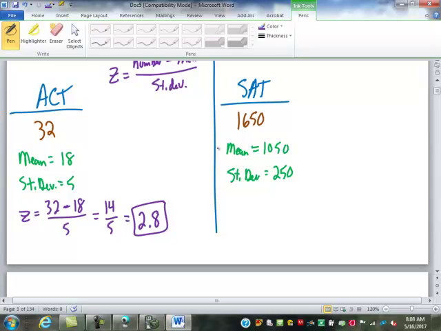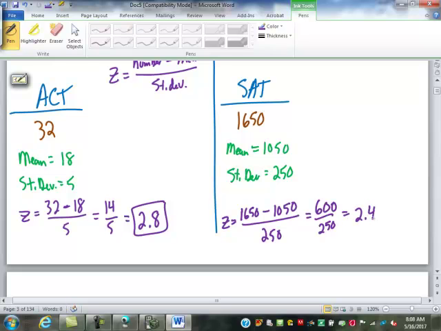Now let's go to the SAT score. This person scored a 1650. We're going to subtract the mean of 1050 and divide by the standard deviation of 250. 1650 minus 1050 is 600. Divided by 250 is 2.4.